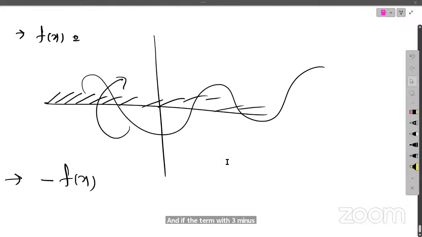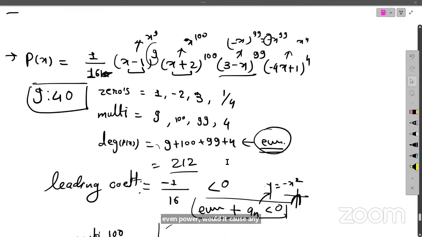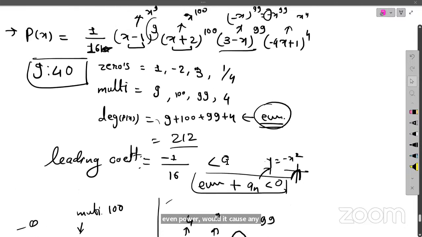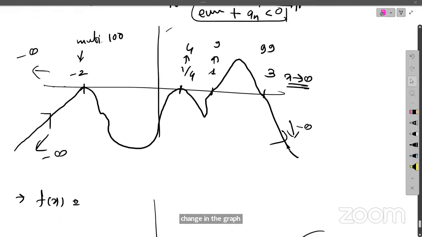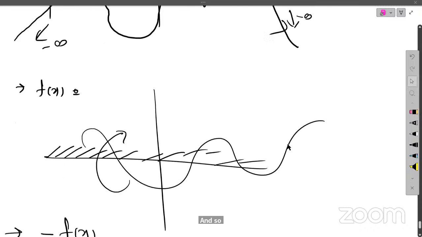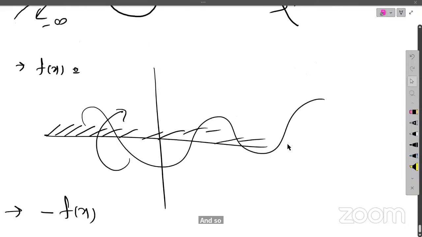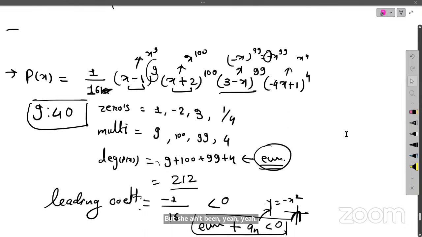And if the term with 3 minus x, if there would have been an even power, would it cause any change in the graph? Then it will be just a replica of this particular graph over the x-axis.